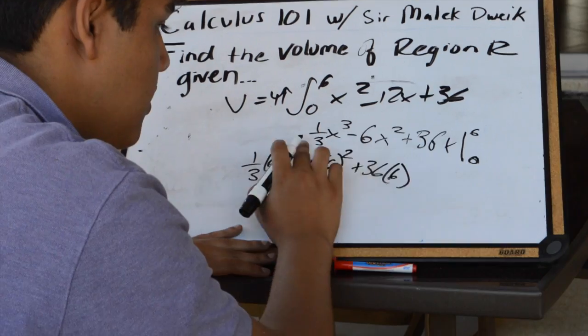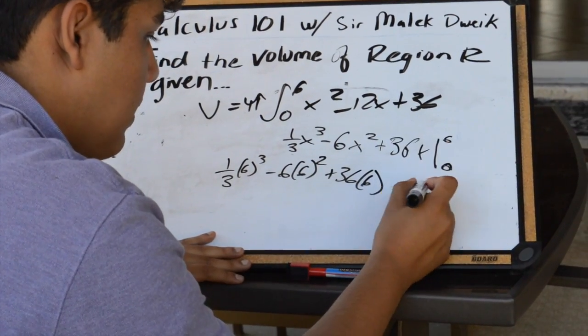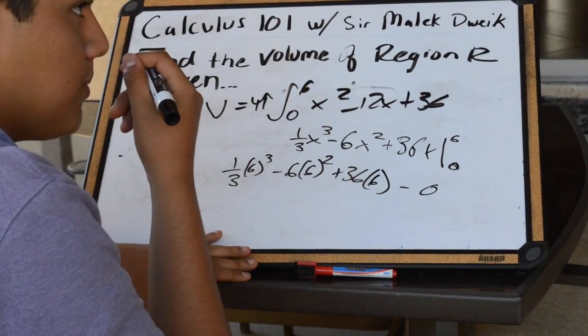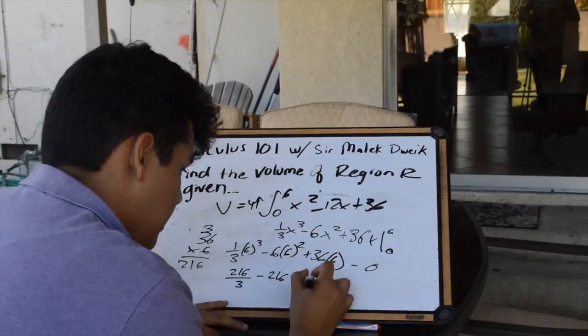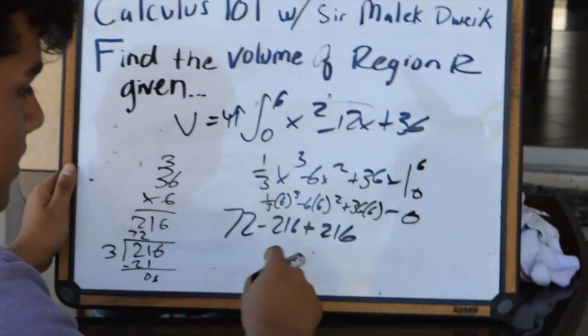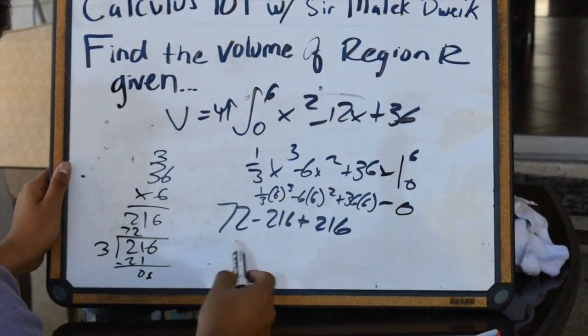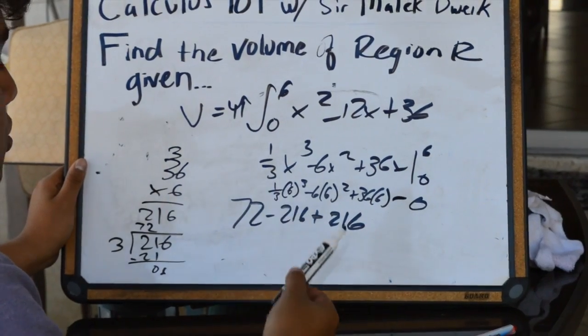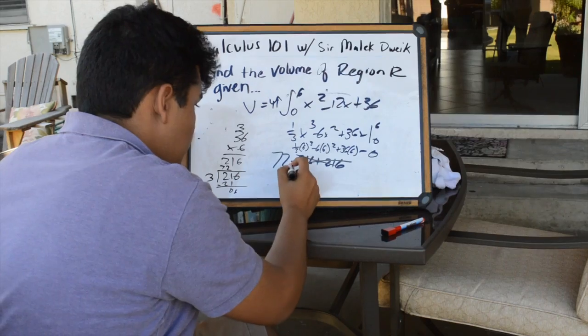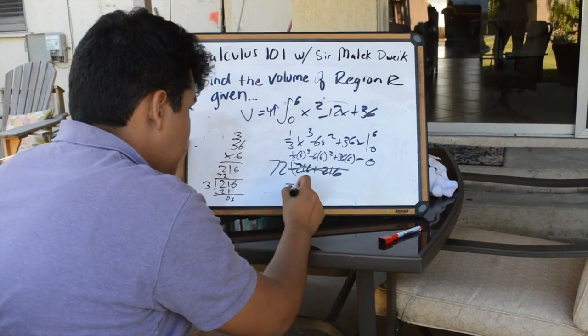Here, clearly, it's going to be a minus 0, so we're just going to worry about this side. You plug in the 6 and get 72 minus 216 plus 216. So that cancels out, and you end up with 72.